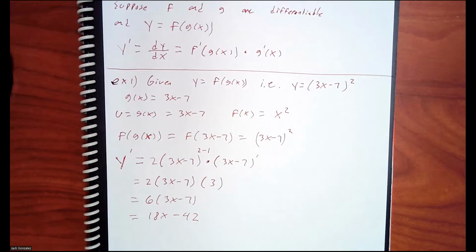Take the outer root. That's the outer root. Now that's the inside. Then you multiply by g prime, the derivative of the inside. Here. The derivative of this is 3. The derivative of 7 is 0. The derivative of 3x is 3. Okay.